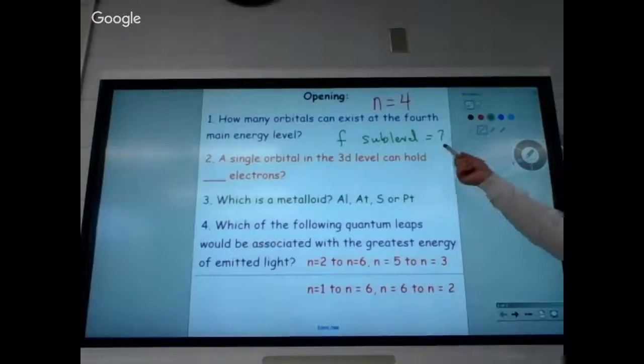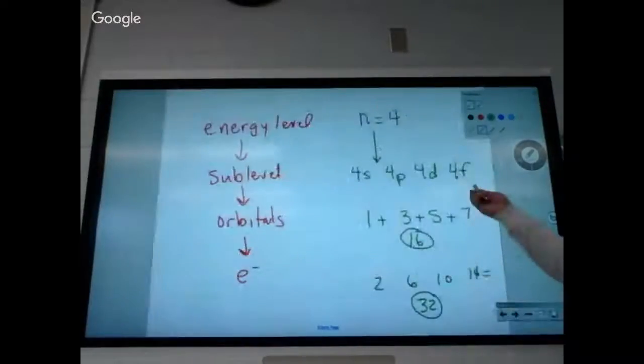The orbitals was 7. How many electrons would it have? 14. So it depends on how I word the question. If I have an individual orbital, it's 7. If I have electrons in the orbital, it would be 14. But if I had the whole energy level, you have to add all the sublevels. Does that make sense?